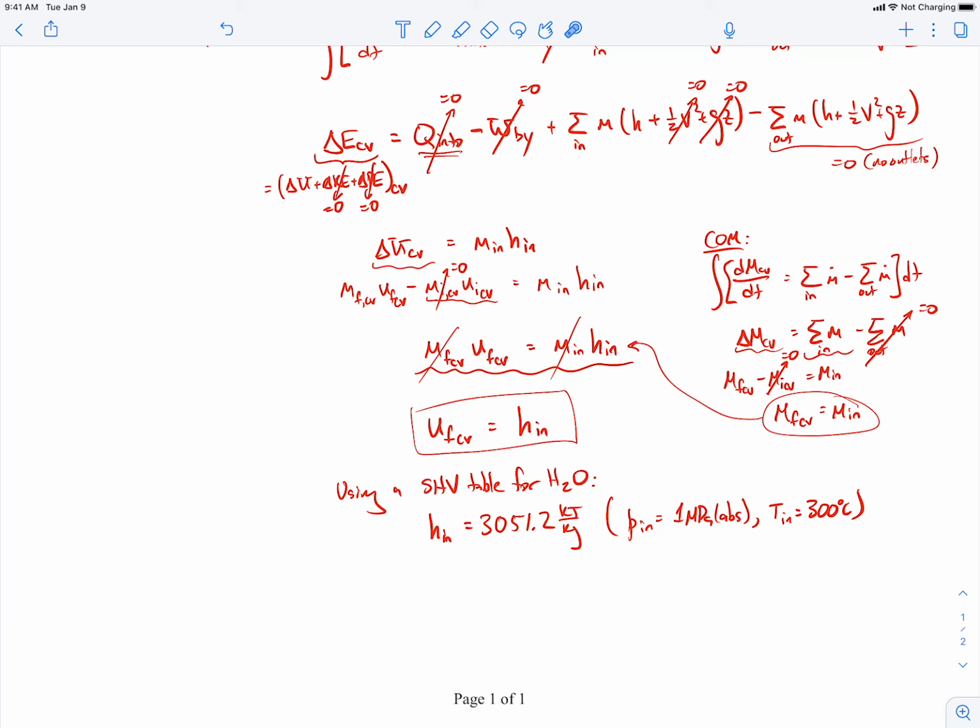I used the table from Moran et al. from Wiley.